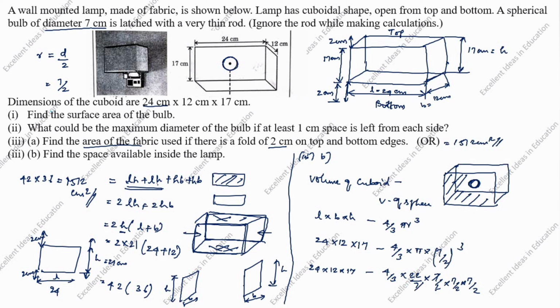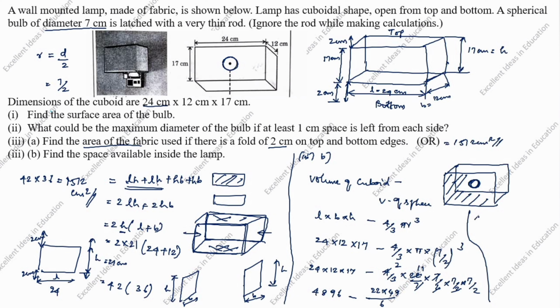This 7 cancel. 2, 11, this 2, 2. So 24 into 12 into 17 is 4896 minus 2 11s are 22, 22 into 49, 22 into 49 divided by 6.